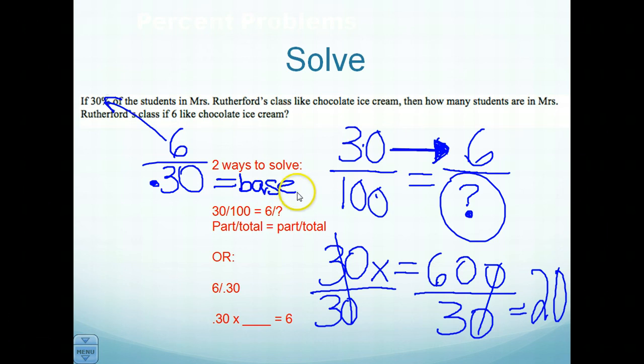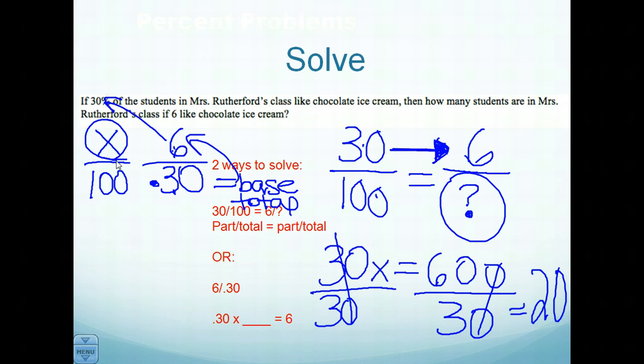It's always the bottom number that represents the total of the top number. So 6 divided by 0.30, the 6 goes with the 0.30. The 100 goes with the total number of students, which we don't know, but we know it's out of 100%.